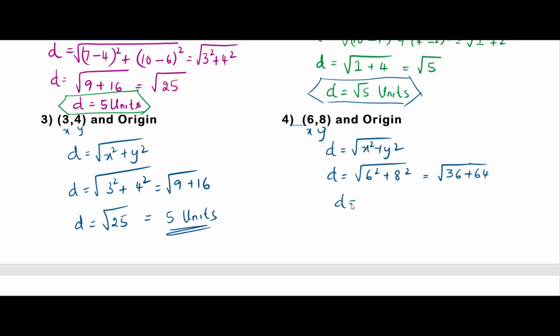Now d equals 36 plus 64 is 100. What is square root of 100? Square root of 100 is 10. Therefore, the distance between the point (6, 8) and the origin is 10 units.